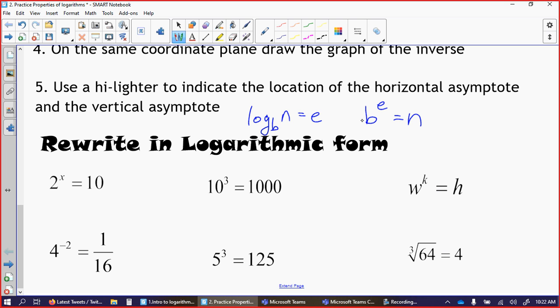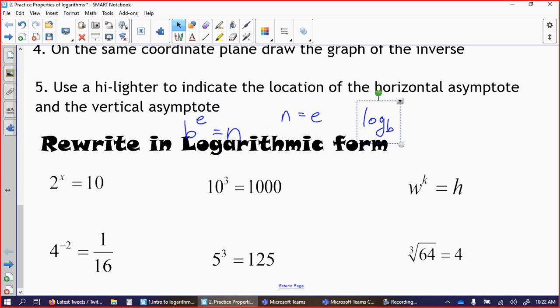Ben, oh, I guess I've got this backwards. I didn't hear this until I started teaching, and this has nothing to do with why we named our son Ben. Base to an exponent is a number. Log base b of a number is an exponent.